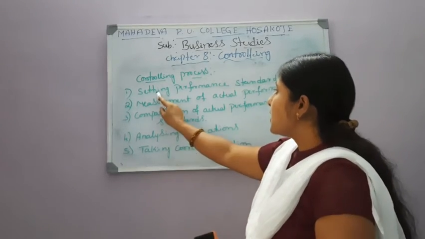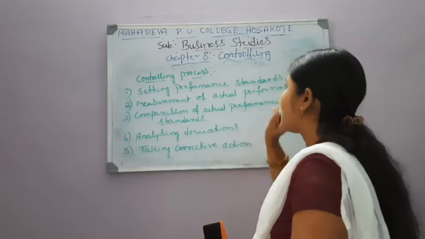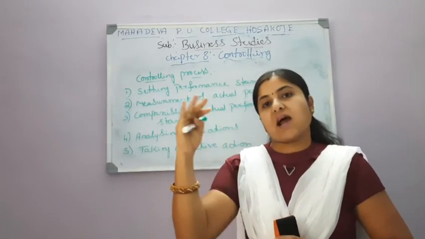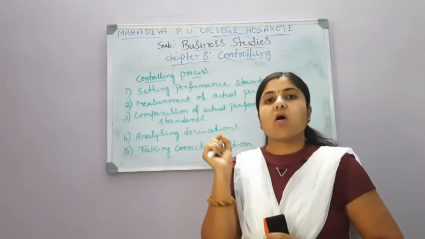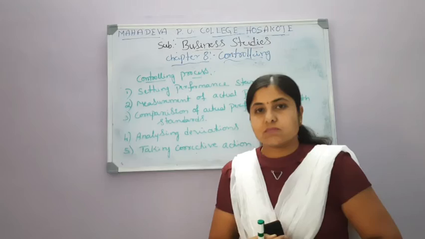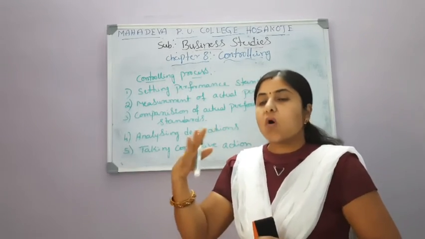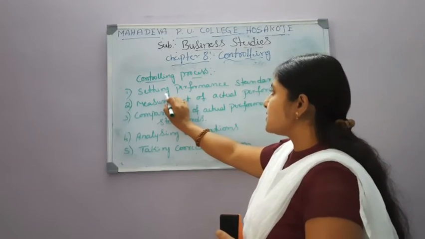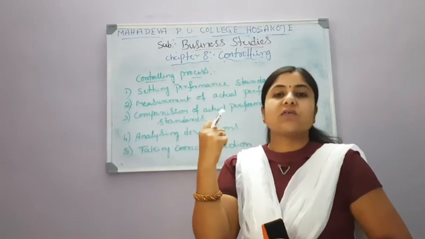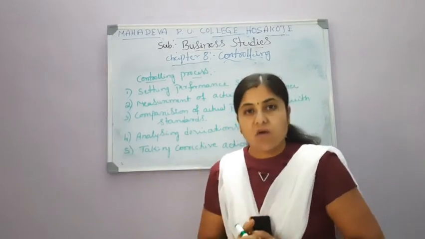Number 1 is setting performance standards. First, we set our standards on the basis of our organizational objectives, goals, or aims. These are the standards we are going to achieve in the future in the organization.